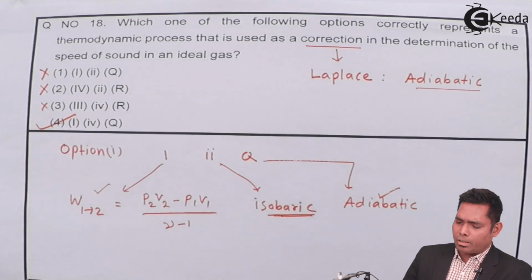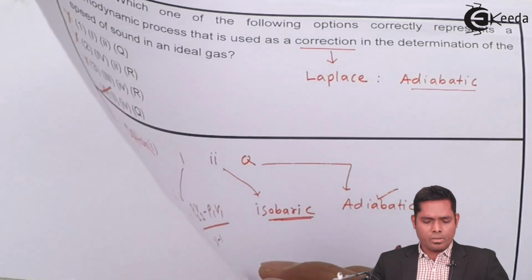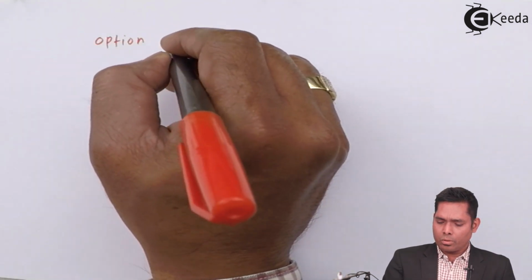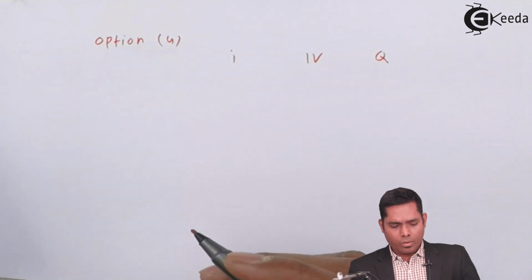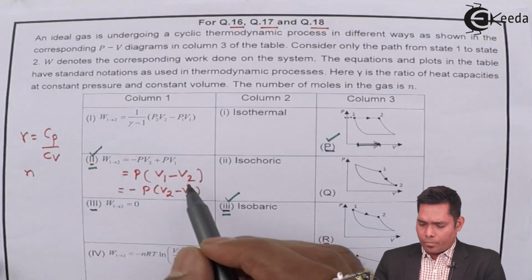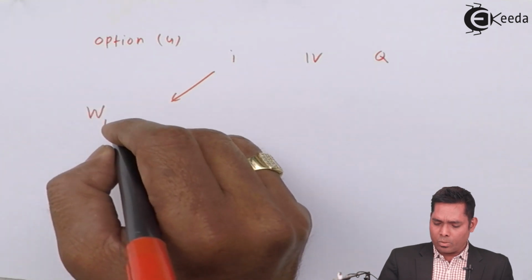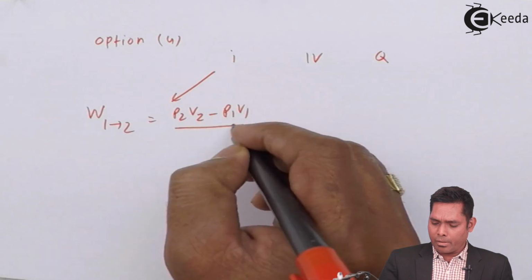So we don't have to check that, otherwise you can also check the fourth option. Let us see what the fourth option is. It says I, 4 and Q. What is I? I is the work done during the adiabatic process, that is 1 to 2, P2V2 minus P1V1 divided by gamma minus 1.